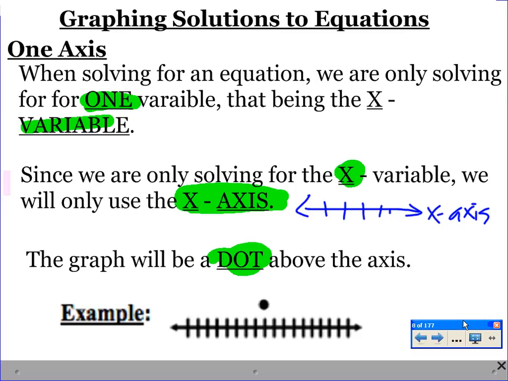I kind of said this before, the x-axis is a horizontal line, so it's going to be going straight across. And you'll always illustrate what x equals on your x-axis with a dot. So you'll also fill in the word dot. And then the example's already drawn for you.